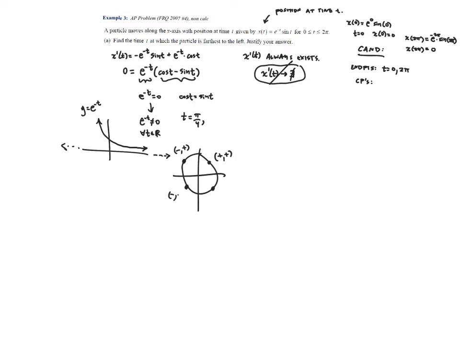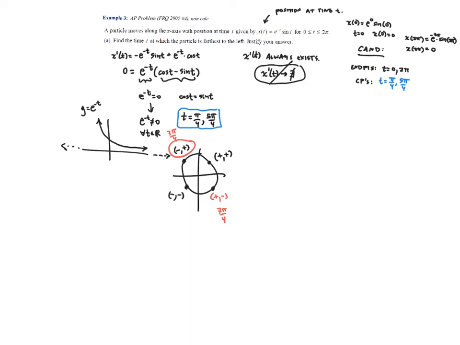I get a negative, those will be. That's 5 pi over 4. We're not going to use this point. This would be 3 pi over 4 because they have opposite signs. And we're not going to use this point down here, which would be positive negative, which would be 7 pi over 4. Okay, so now we have our critical points, which would be t equals pi over 4, 5 pi over 4.